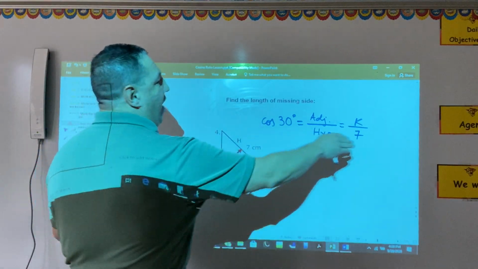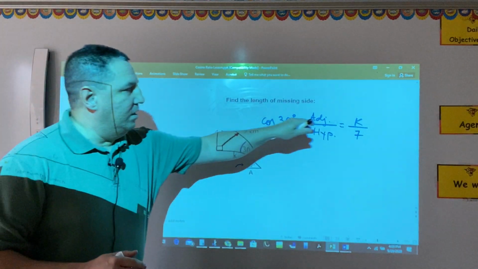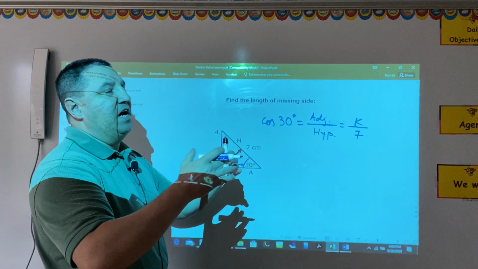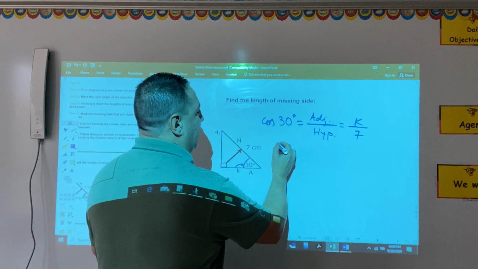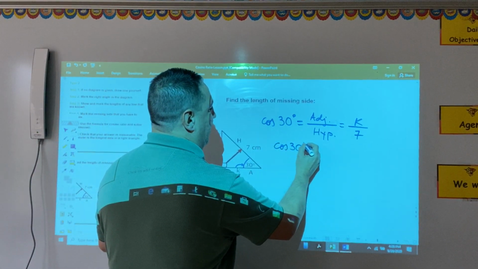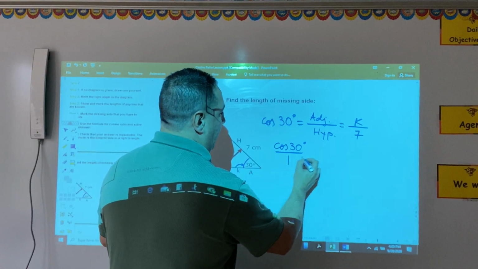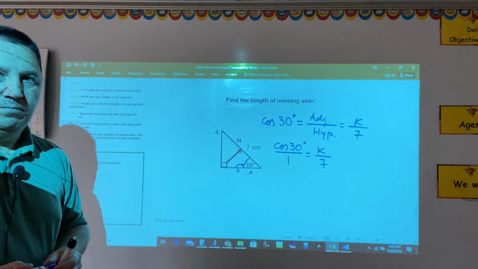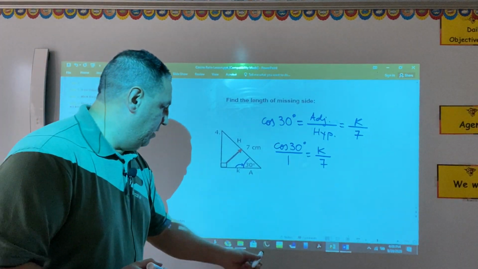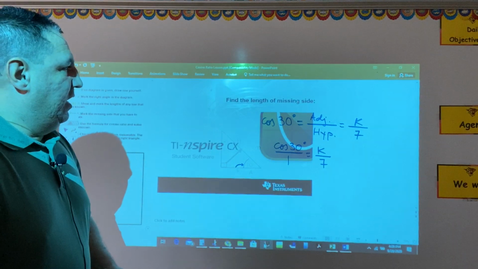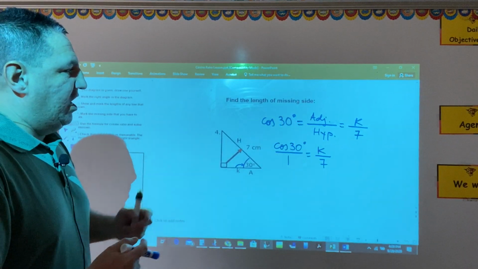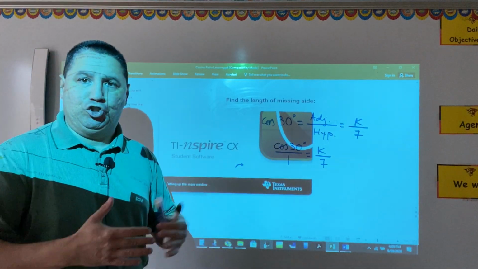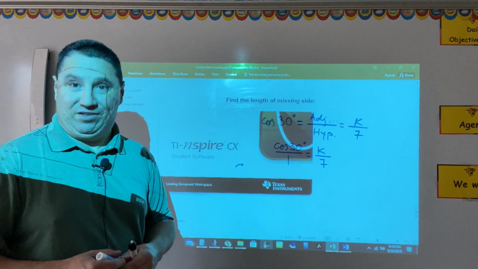So let's rewrite this equation, this ratio, again, as a proportion. So we have cosine of 30 degrees over 1 equals K over 7. Now, as we know, a proportion is solved by using cross product.